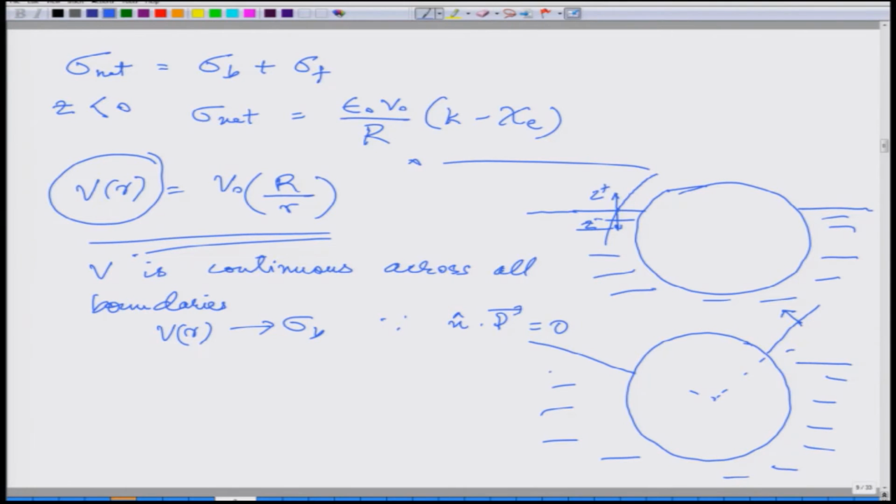So let's move to the next problem, which is problem number 4.40 in the book. So the geometry of this problem is you have a wire of linear charge density lambda.